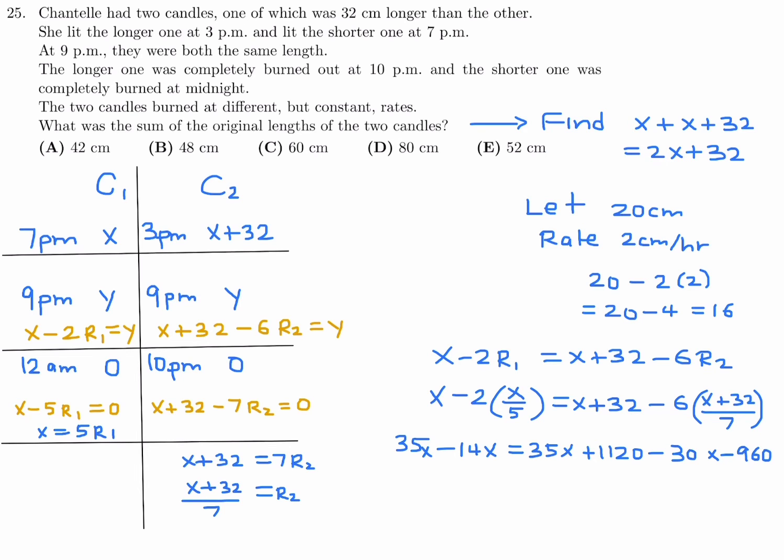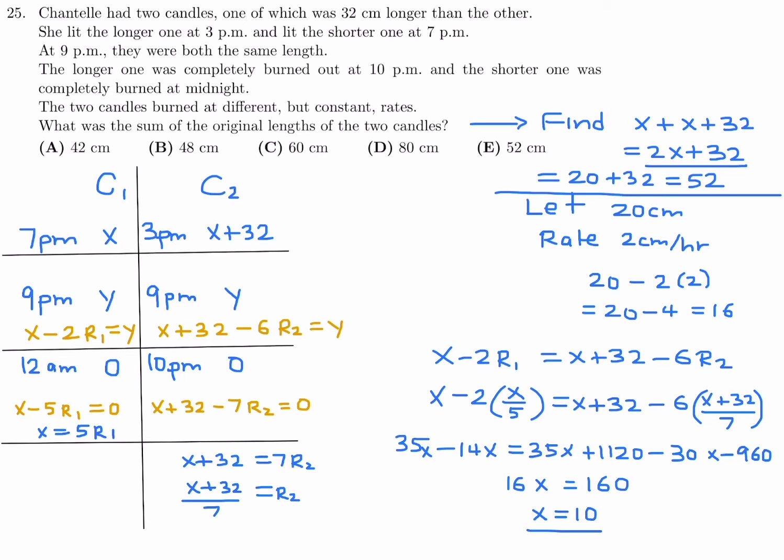Okay, and then if you collect like terms, you get 16x is equal to 160, and therefore x is equal to 10. There we go. So going back to our original, x plus 32 looks like 10 plus 32, and that is 52. So there we go. Number 25, the answer is E.